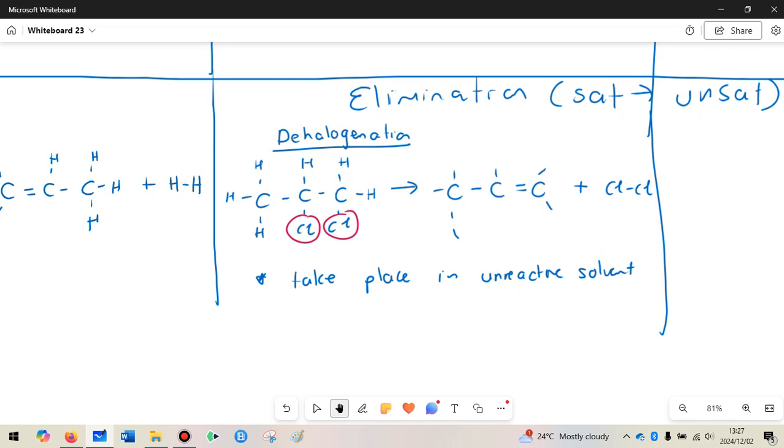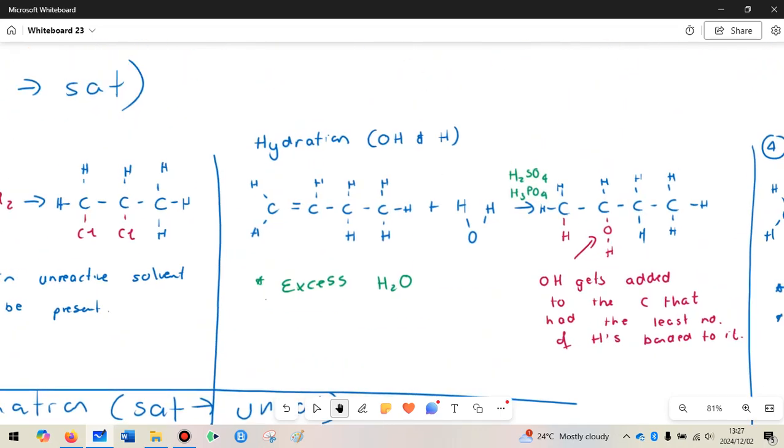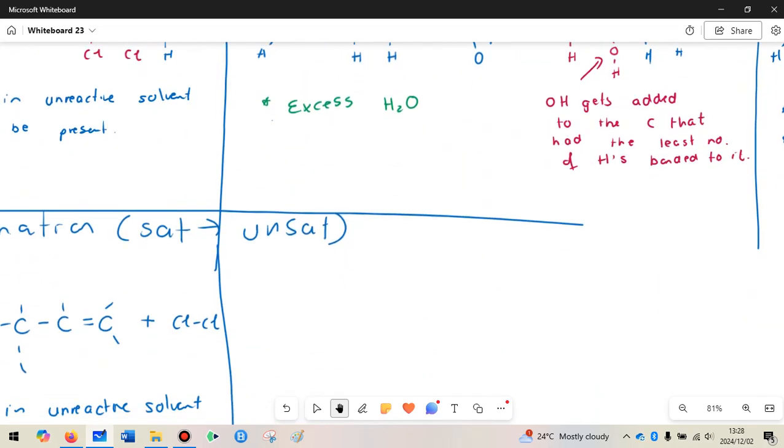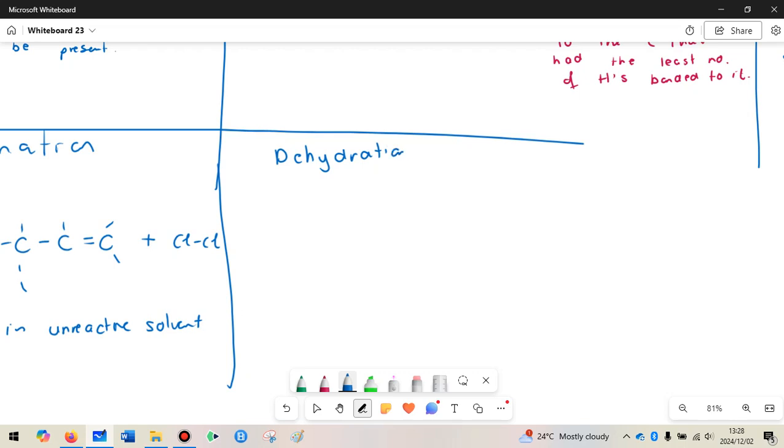Then we get to the interesting ones, the ones where we have choices. If the forward reaction was hydration, you can imagine if you remove water, it becomes dehydration. So the third one here is dehydration. We're starting off with something that doesn't contain water, but contains an OH, a hydroxyl group.